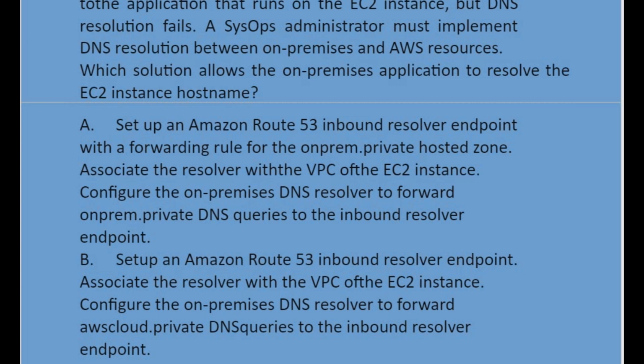Option B. Set up an Amazon Route 53 inbound resolver endpoint. Associate the resolver with the VPC of the EC2 instance. Configure the on-premises DNS resolver to forward awscloud.private DNS queries to the inbound resolver endpoint.